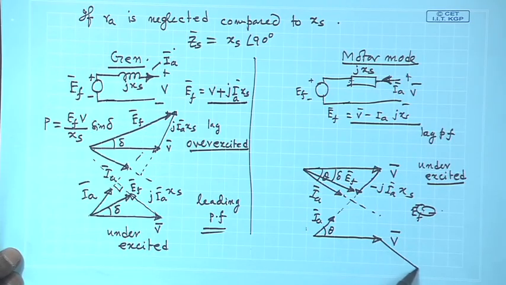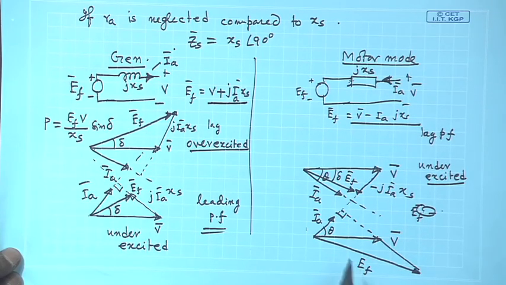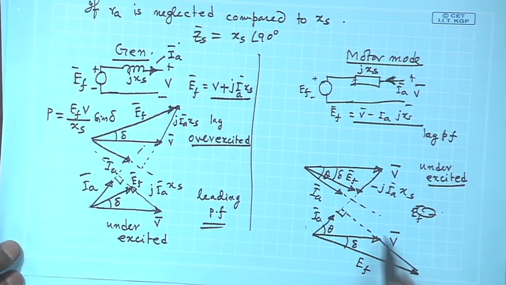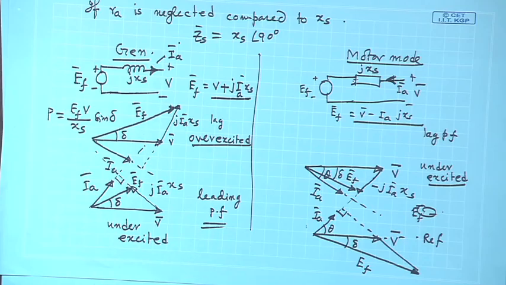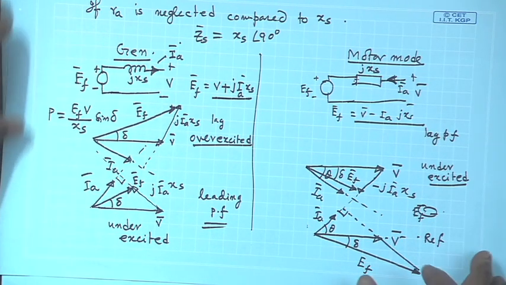So, it will go like this, such that this angle is 90 degrees and this will be your excitation voltage and this is delta. So, if this is the reference, E_f is greater than V, it is over excited. So, we will continue with this in the next class. Thank you.